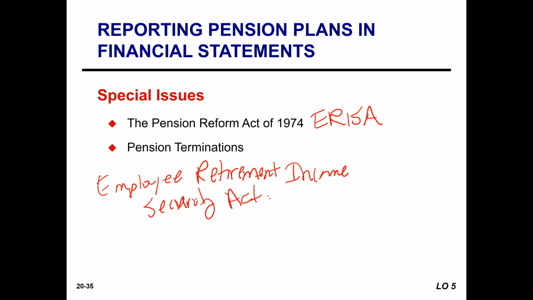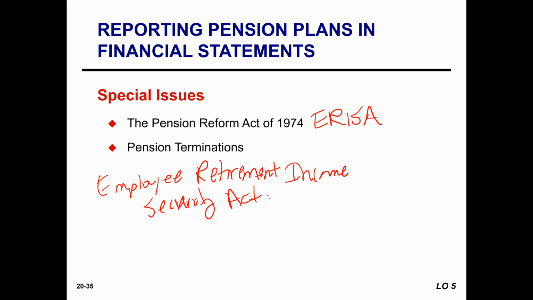Essentially what ERISA does is that in these situations where the company goes bankrupt or goes belly up or whatever, this helps to protect those employees and helps to provide benefits to those employees. It says the legislation affects virtually every private retirement plan in the United States. It attempts to safeguard employees' pension rights by mandating many pension plan requirements, including minimum funding, participation, and investing.